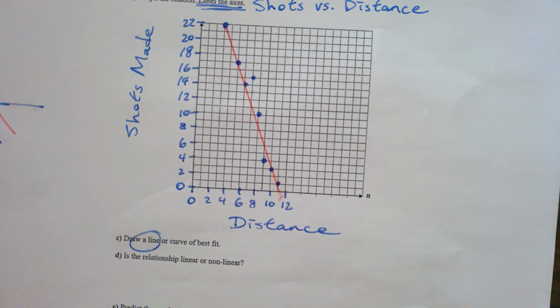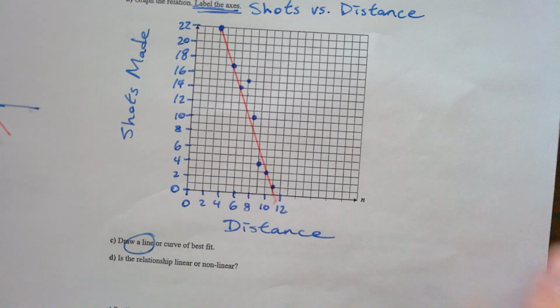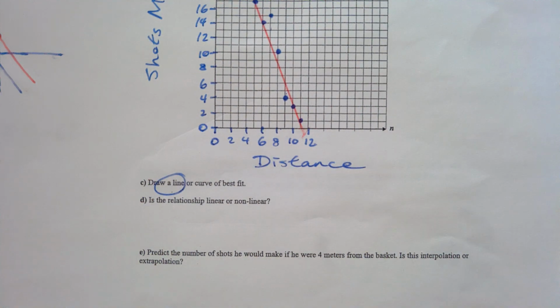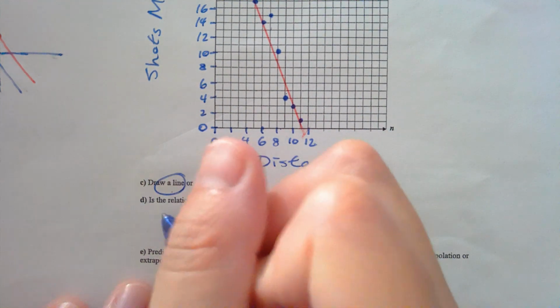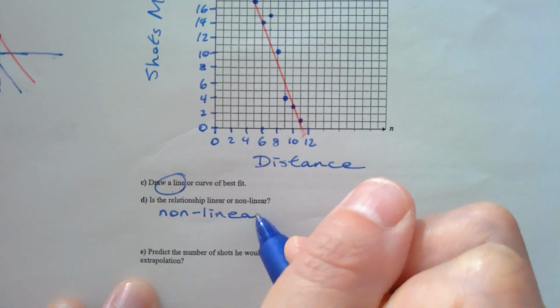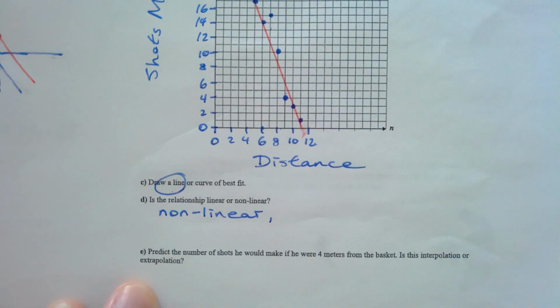Is the relationship linear or non-linear then? Okay, so this is a tricky question. Even though we drew a line of best fit, I would say this is non-linear because it doesn't go through every single point.